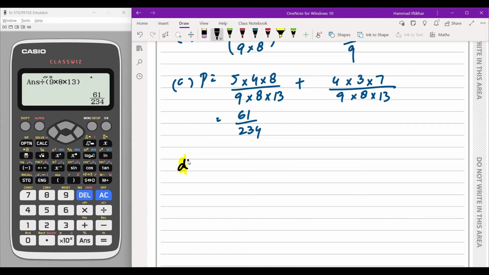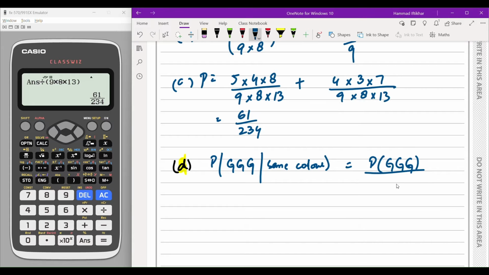So probability all green, G, G, G, and same color. G, G, G and same color is basically the same thing. G, G, G's are all the same color anyway. And then probability of same color.